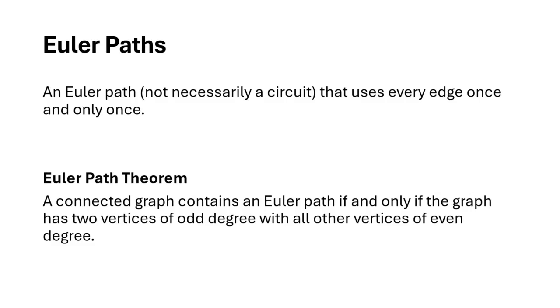Well, we also have a result that says that for a graph to have an Euler path, you need to have 2 vertices of odd degree. And in fact, this is where you're going to start and end. All of the other vertices need to be of even degree, but your starting point and your end point need to be of odd degree.